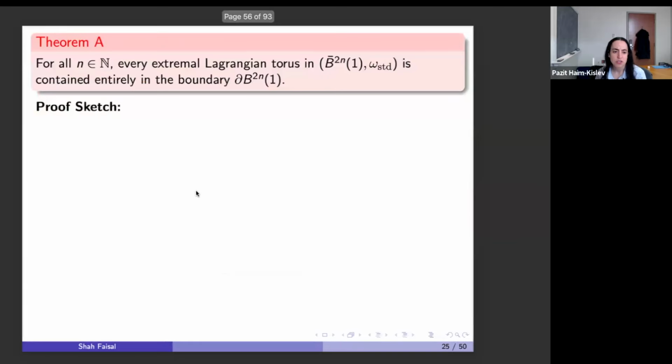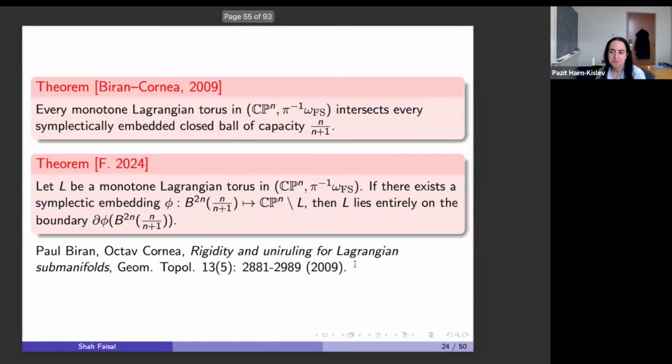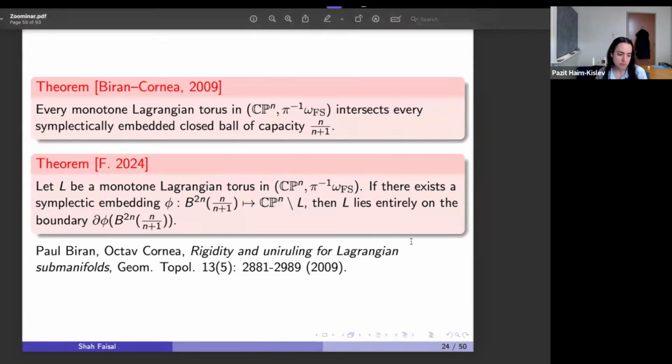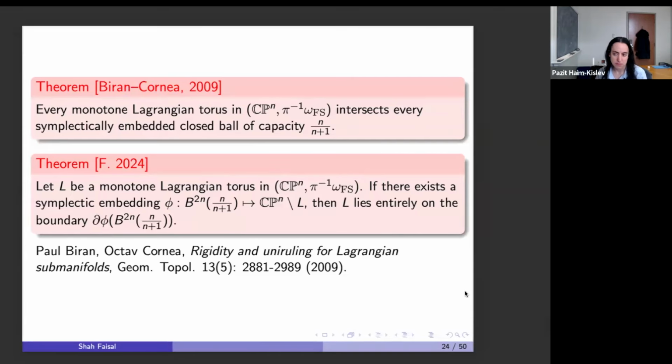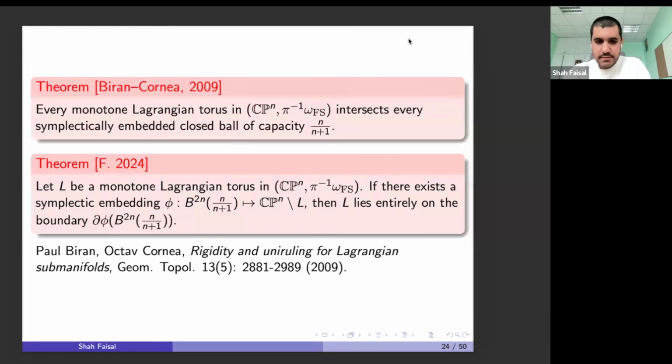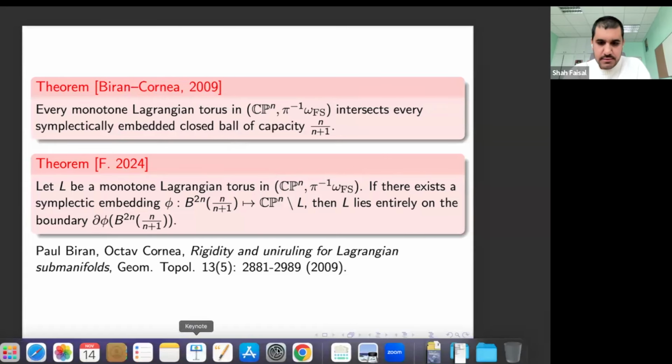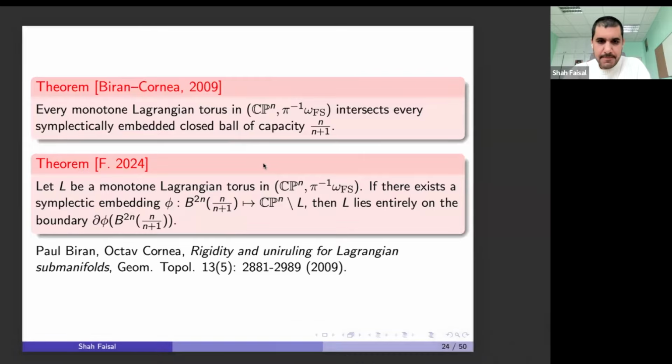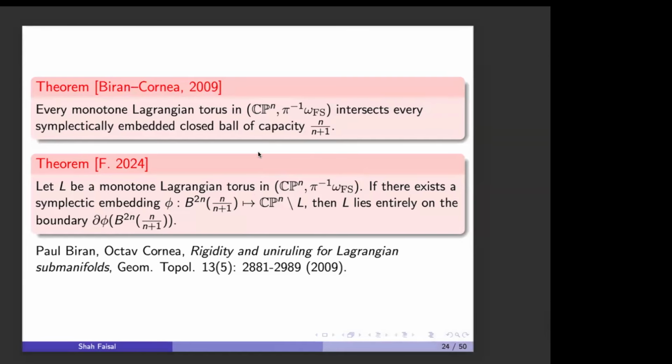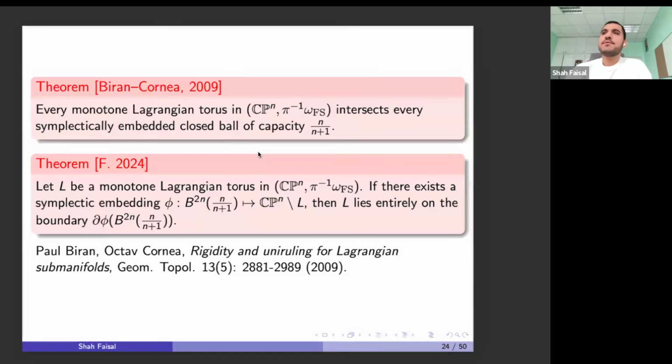I think there is some question in the chat. It was from a few slides ago, I think, or maybe two slides ago. When looking at CN, no, I don't know, because there the Hamiltonian isotopy is a global one.